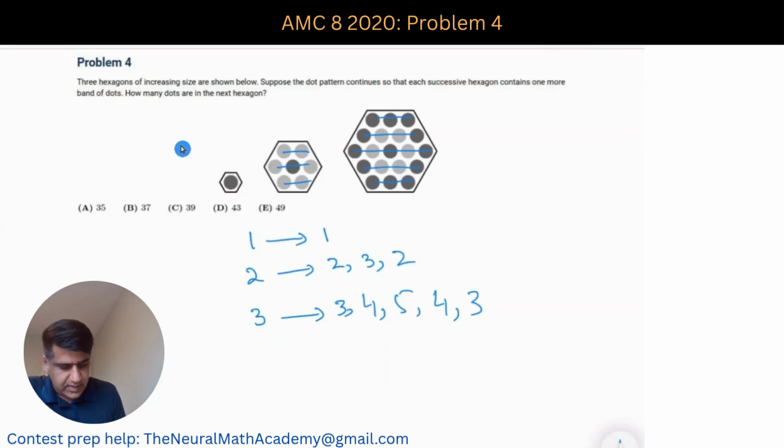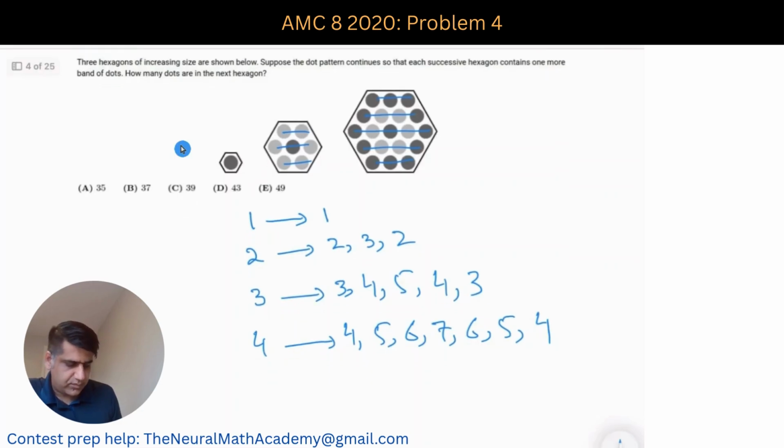So if we take the next hexagon, that would be hexagon 4, then it would be 4, 5, 6, 7, and then we will have 6, 5, and 4. And the total number of dots will be simply 4 plus 5 plus 6.